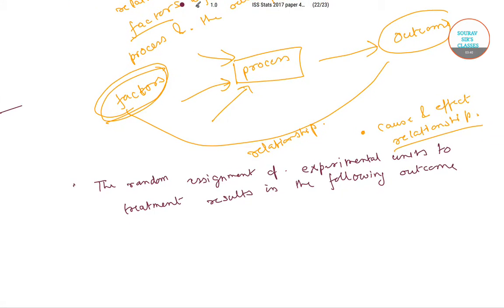Number one is that it eliminates the systematic bias.